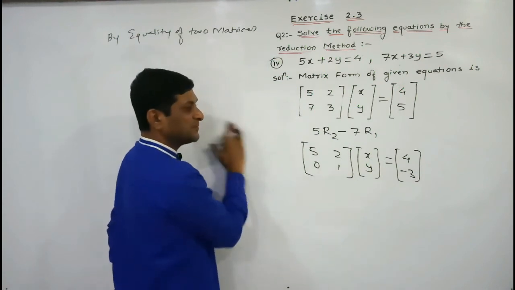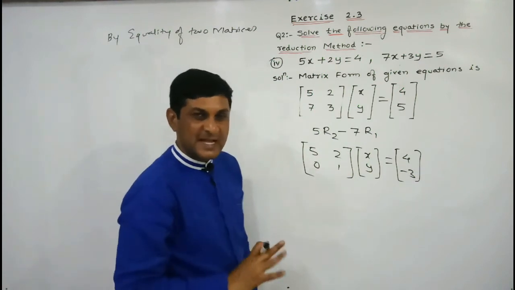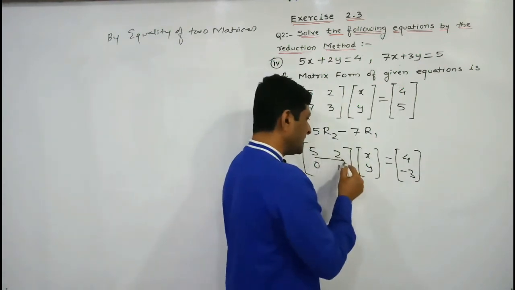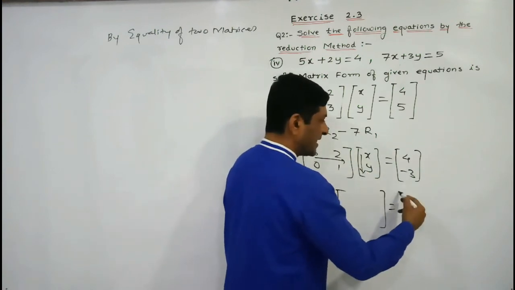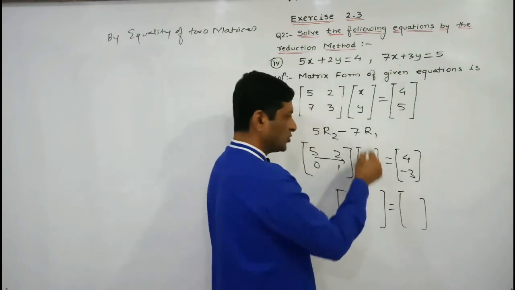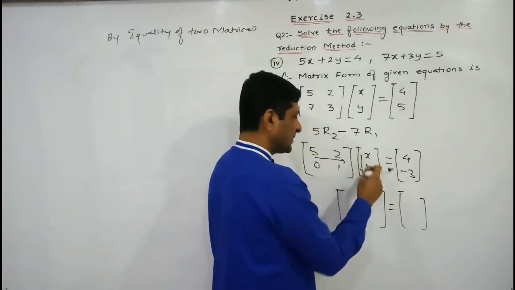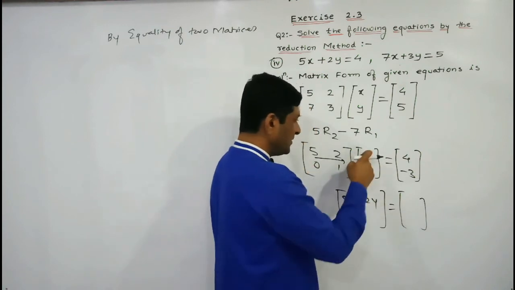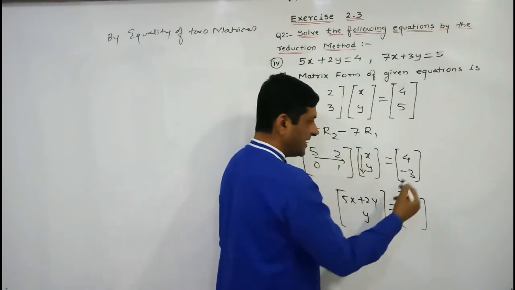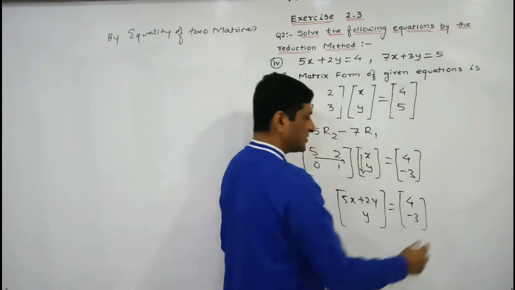Once this matrix becomes an upper triangular matrix, the next step is to take the multiplication of these two matrices. Whenever we take the multiplication of two matrices, we multiply row by column. What will we get? 5x plus 2y, and 0x plus y will be y. On this side 4 and minus 3, keep it as it is.